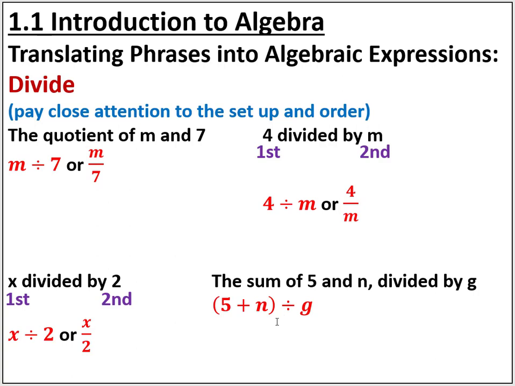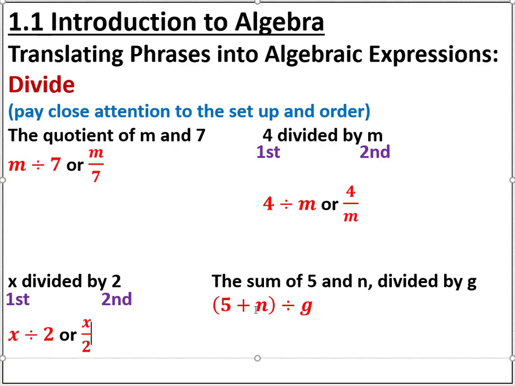Without parentheses, your answer is going to mean a different thing, which means you're giving me a different answer. So when you have multiple operations, in this case the sum of 5 and n, if you want to emphasize that the 5 and the n go together, you have to put it inside a set of parentheses.